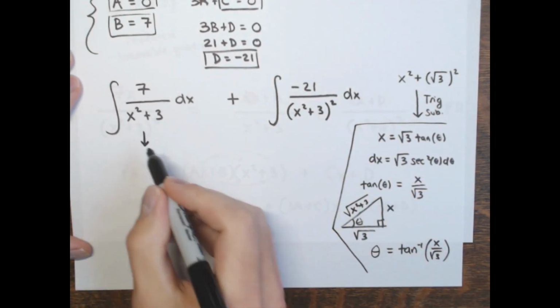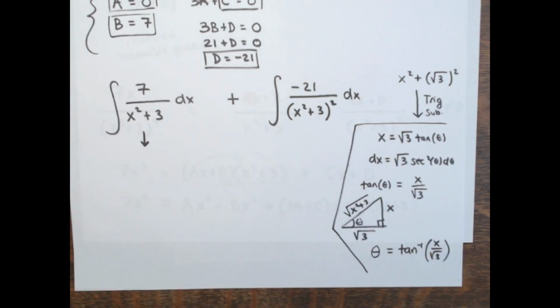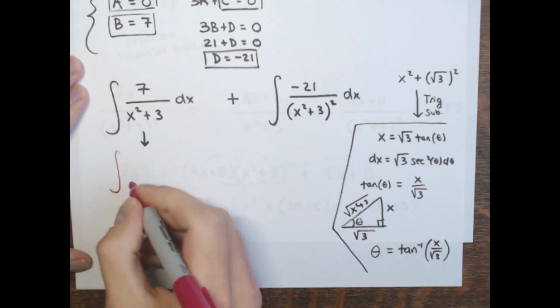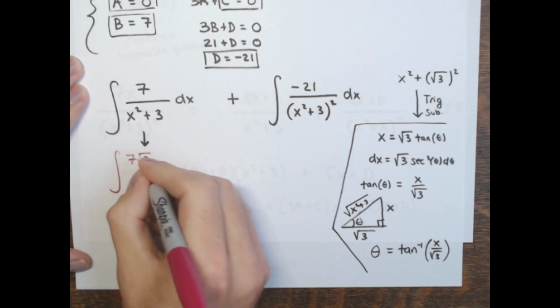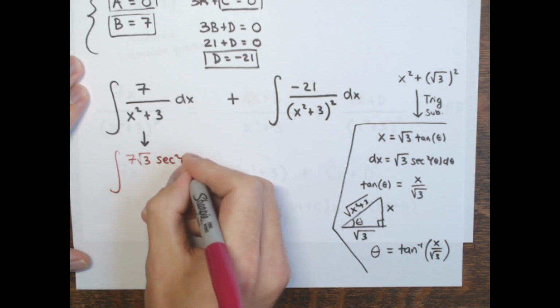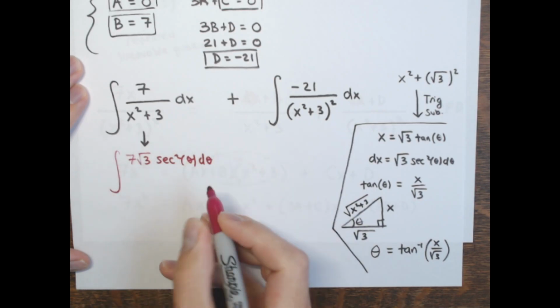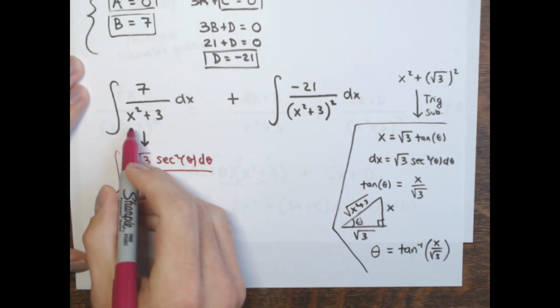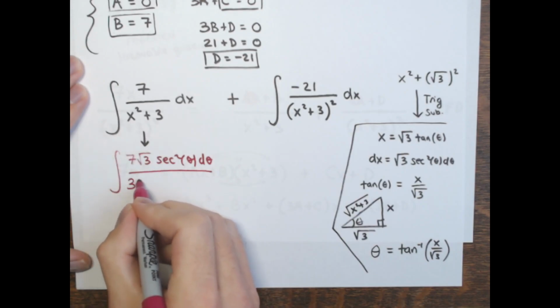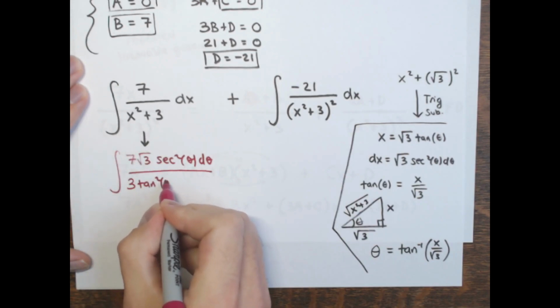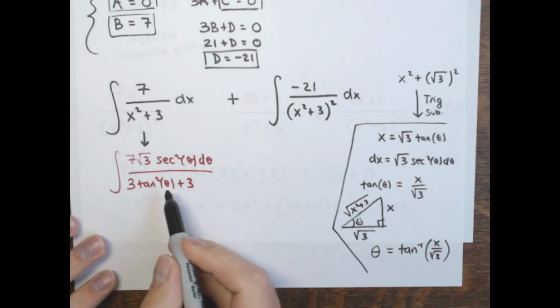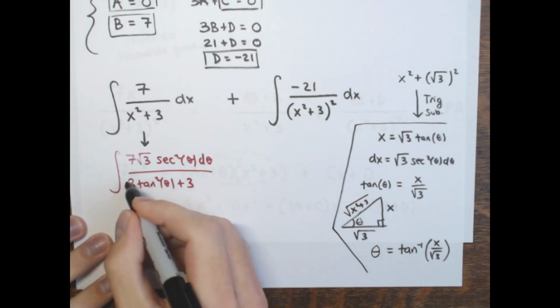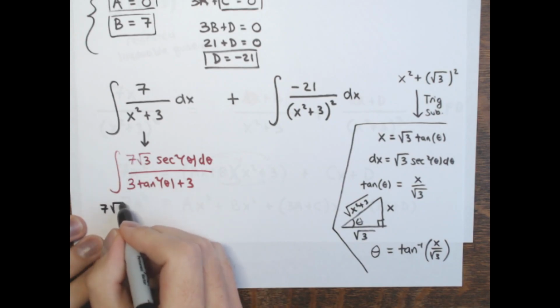So this integral, when I make these replacements, we've got the integral of 7 times the square root of 3 times secant squared theta d theta, right? That's the dx, over 3 tangent squared theta plus 3. Now, when I pull a 3 out, you'll have 7 root 3 over 3.